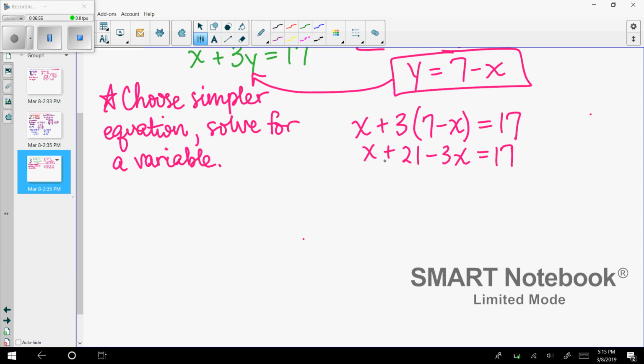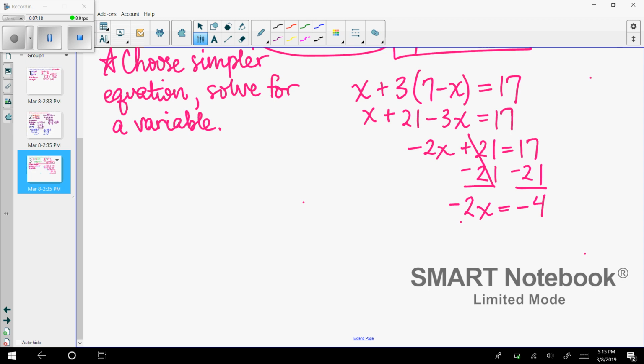I've got some like terms over here. x minus 3x is negative 2x plus 21 equals 17. Taking away 21 from each. Negative 2x equals negative 4. Divide by negative 2. Negative 4 divided by negative 2 is going to get me a positive 2.